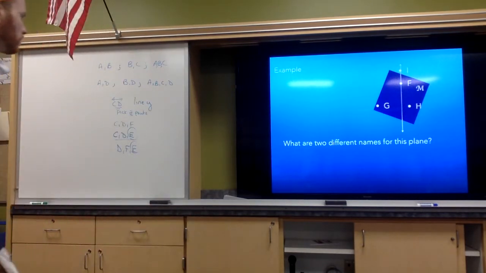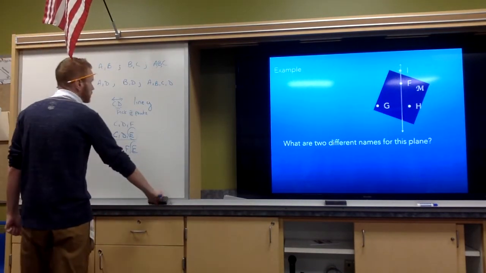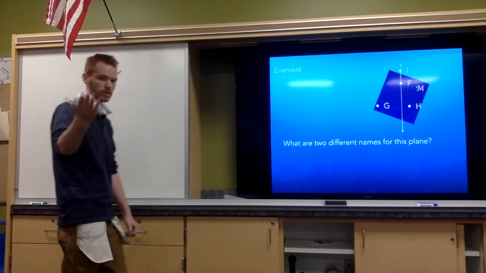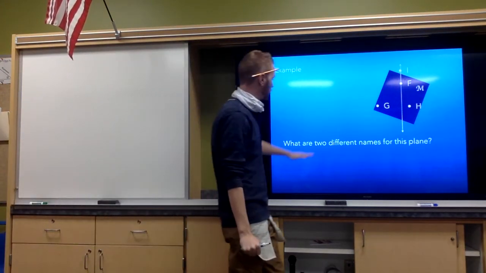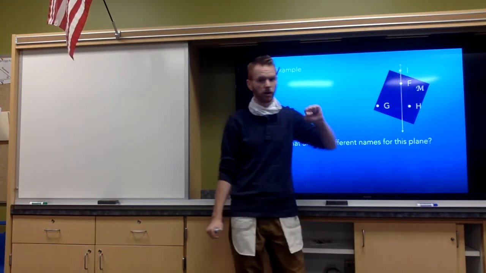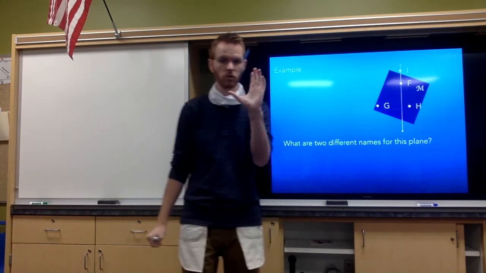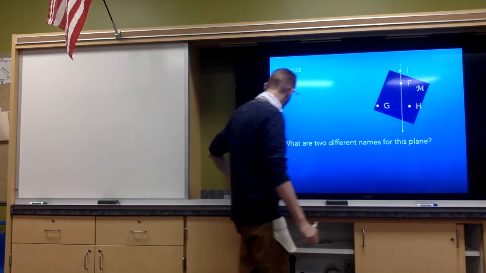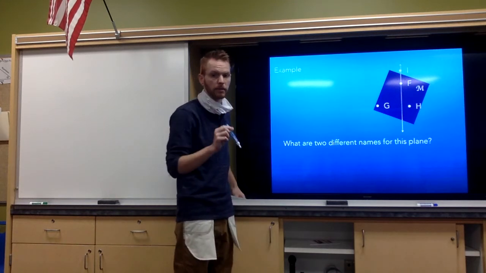Example. What are 2 different names for this plane? Let me just put a quick plug in. You see this line? The dotted line part. Zoom in if you can't see it. The part that's dotted is the line going behind the plane.